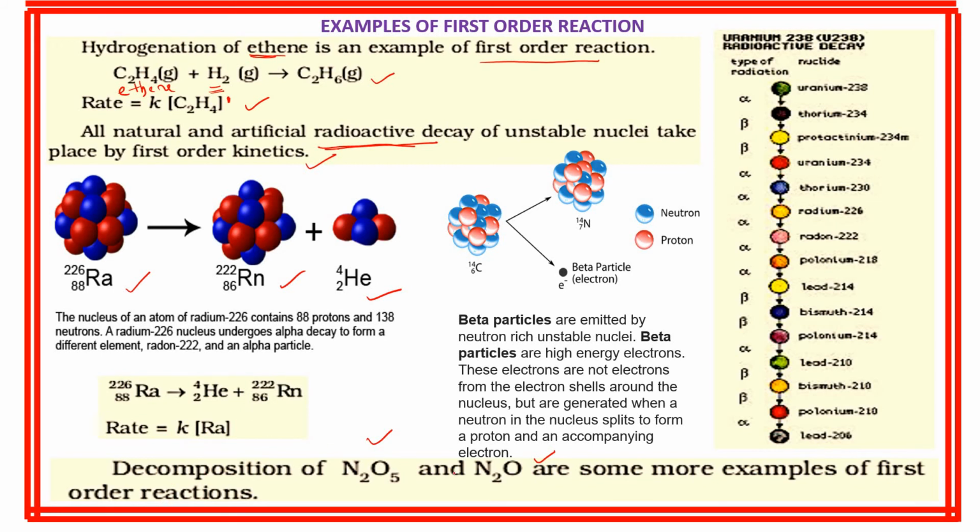N2O5 gives N2O4 plus half oxygen, which is a first order reaction. Similarly, N2O also decomposes into nitrogen plus oxygen. So this is about the first order reaction.